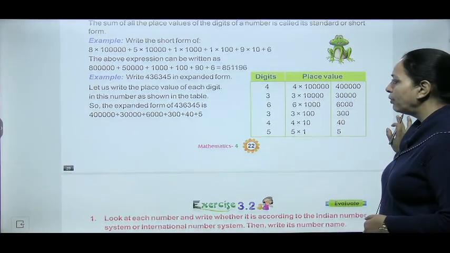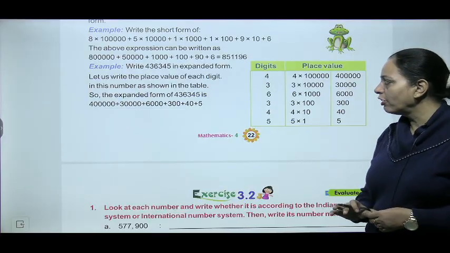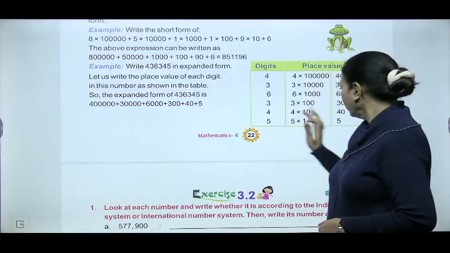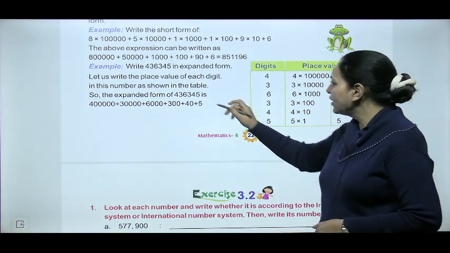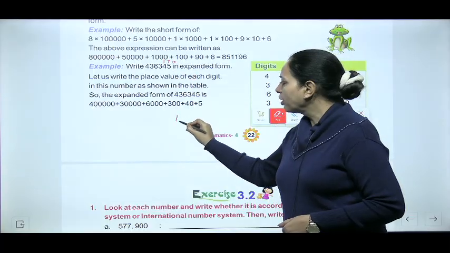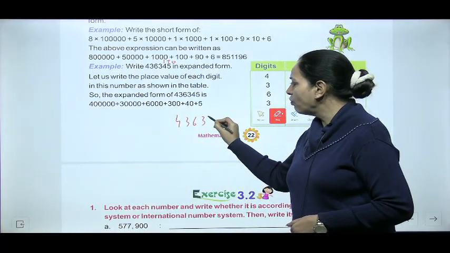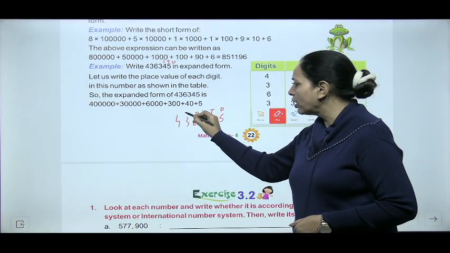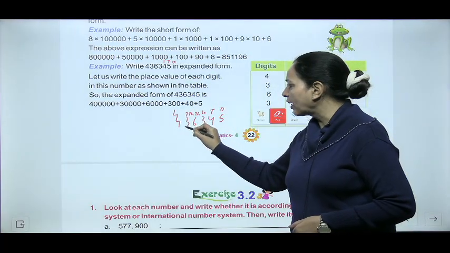Now next example, write this number in expanded form. So what to do? First, write the place value chart like this. Ones, tens. First write the number 436,345. So ones, tens, 100, 1,000, 10,000, lakh.